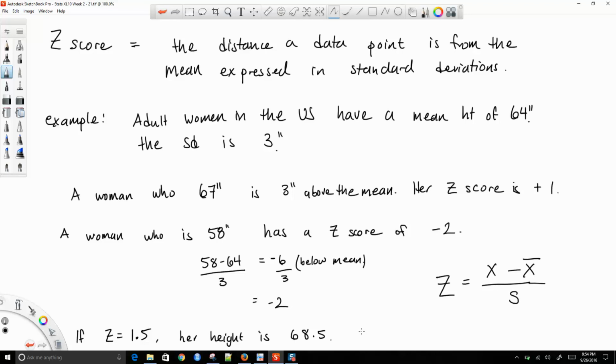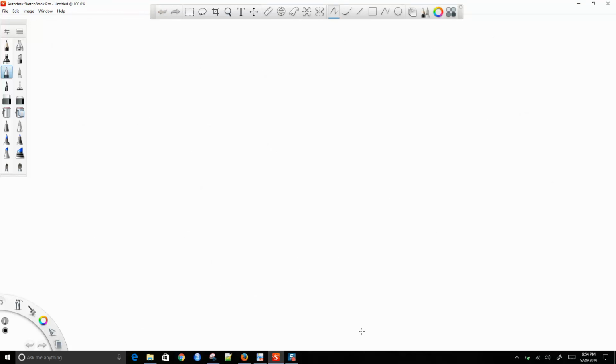Okay. So the thing about z-scores is we can now make comparisons between very different things. Okay. And we can say this is more extreme than the other thing. So we can say, what is more unusual, okay?